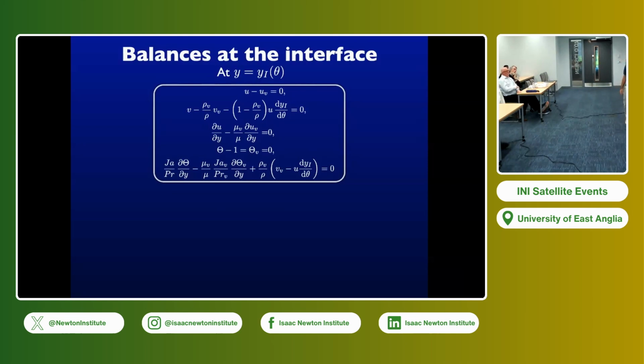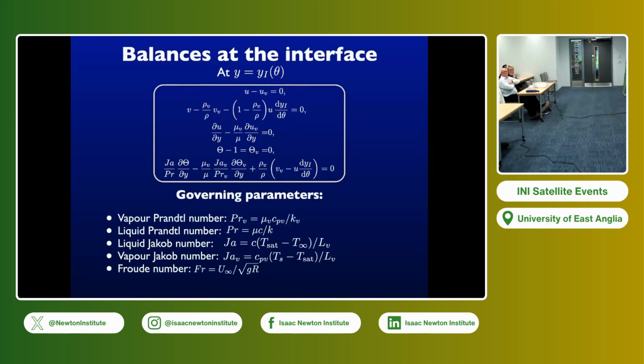This last equation corresponds to the balance of energy at the interface, and basically illustrates that energy coming from the vapor is employed, first, in heating up the liquid to the temperature of saturation, and secondly, to generate vapor, which corresponds to this other term.